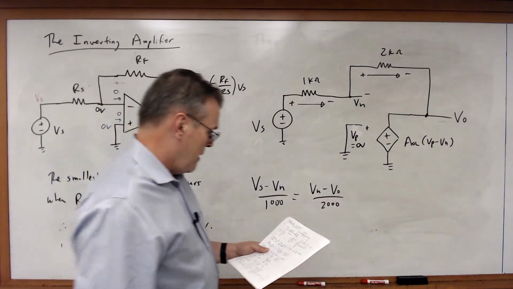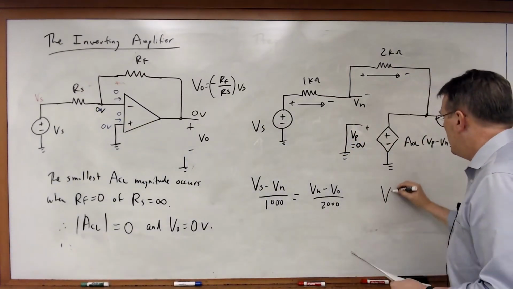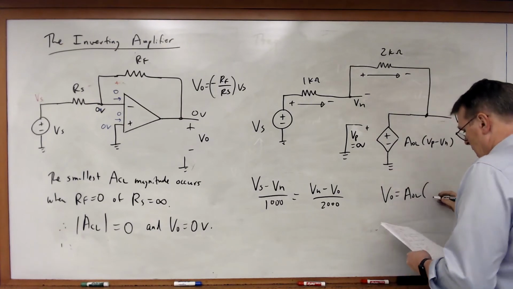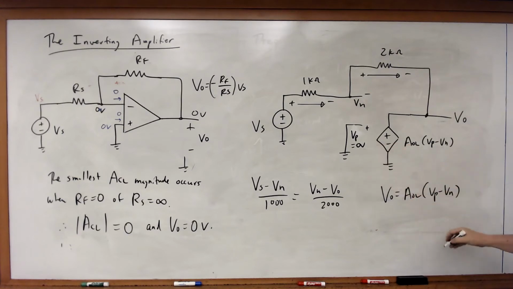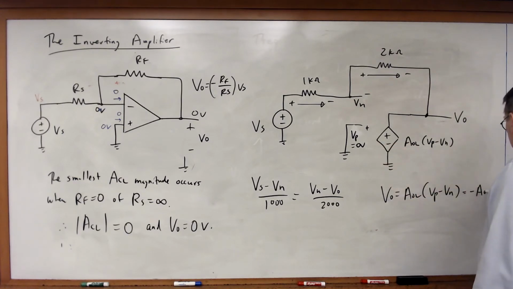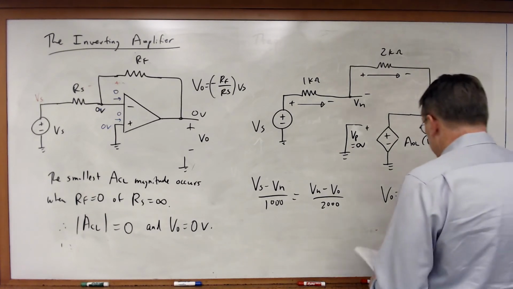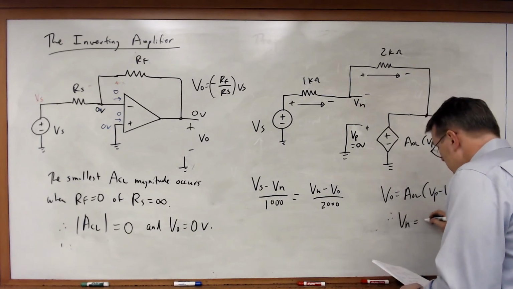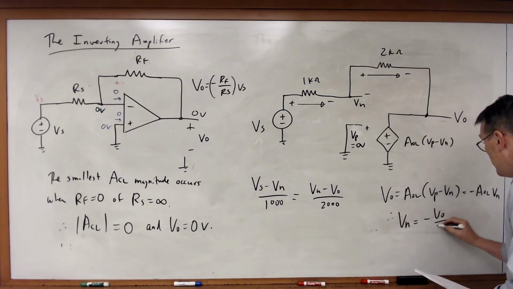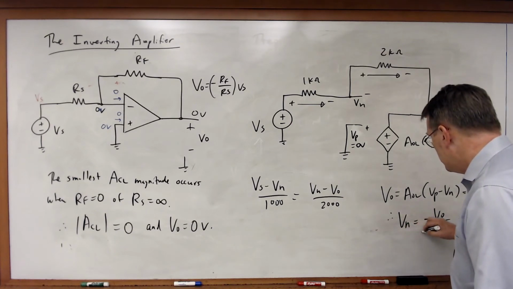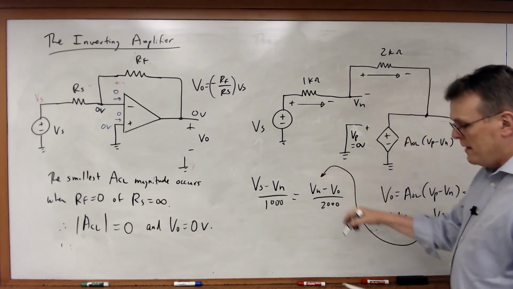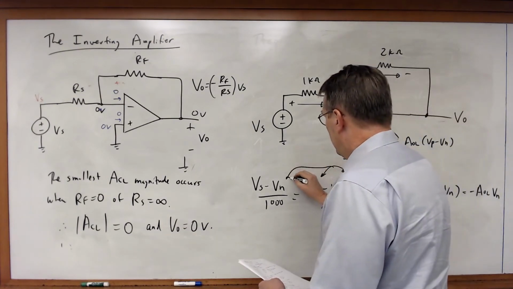Now we also know that VO is equal to AOL times VP minus VN. Well, since VP is equal to 0, this is just equal to minus AOL times V sub n. And in this case, therefore, I can say that V sub n is equal to minus VO over AOL. So now that I know this, let's substitute for V sub n in this expression here.